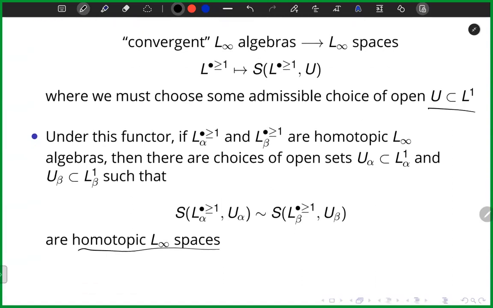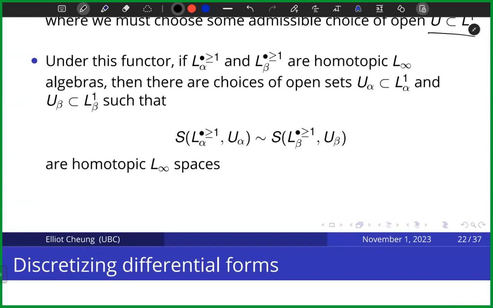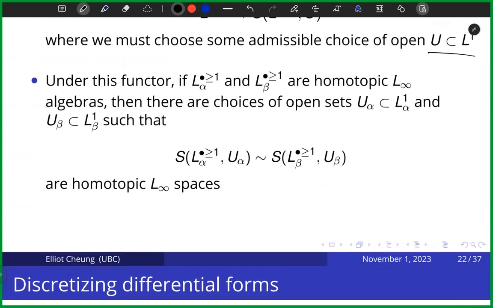I haven't quite explained what it means to be a homotopic L infinity space, but I did advertise to you that a derived geometry category has such a notion. And L infinity algebras can also be homotopic. Remember, these are Lie algebras up to homotopy. So this is sort of like a homotopy respecting functor, at least locally.